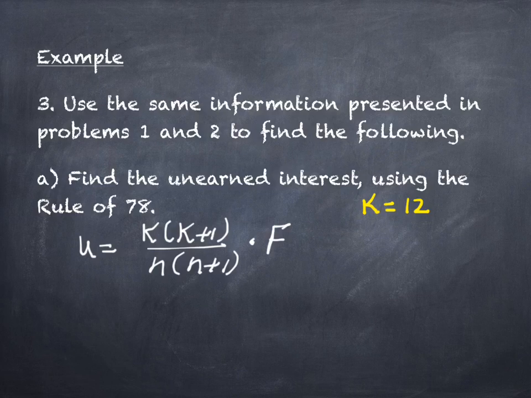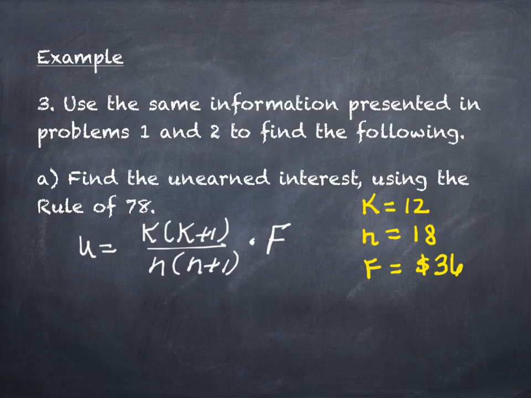That's K. What would N be in this problem? That was 18. It's the original number of payments that we were supposed to make. And F represents what? 36, our finance charge, right? Again, the amount that we agreed to pay in interest for the luxury of paying this off instead of paying it one time.